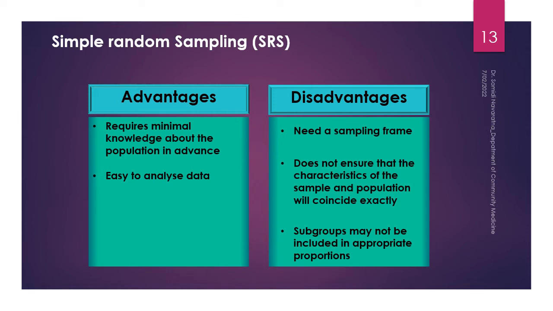Now if you want to study a particular characteristic in subgroups, say maybe the prevalence of a disease among various ethnic groups, and you are just using this simple random sampling method to choose your sample, there's no assurance that all the ethnic groups will be equally represented in your sample. So that's going to be a problem there.